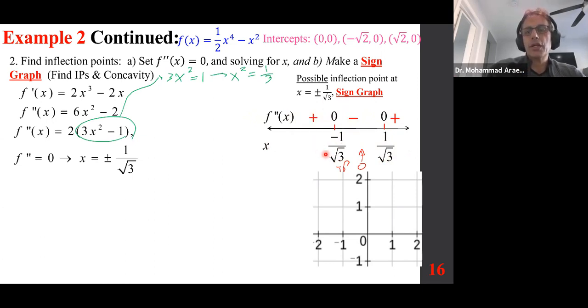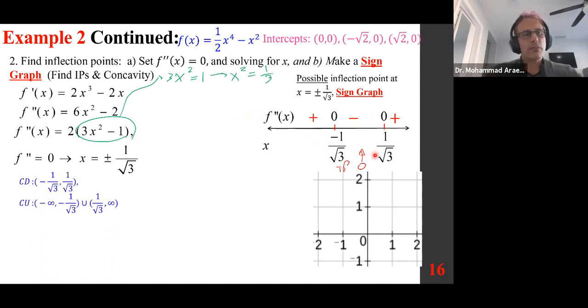Since the change occurs, this is the location of an IP, or inflection point. This is the location of an IP, or inflection point. Both cases, we have to plug in and find the pair. So concave down in between, class, concave up beyond the two numbers.